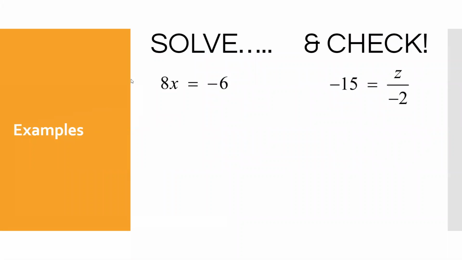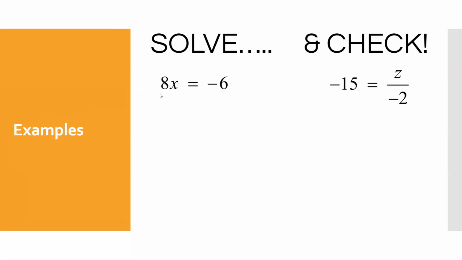So now let's work with our multiplication and division. I've got 2 problems for you. For this first one, I see 8x equals negative 6. We have to think about what's happening between the 8 and the x. Our end goal is to get x by itself. The thing that's preventing x from being by itself is that 8, so I know I have to get rid of that.